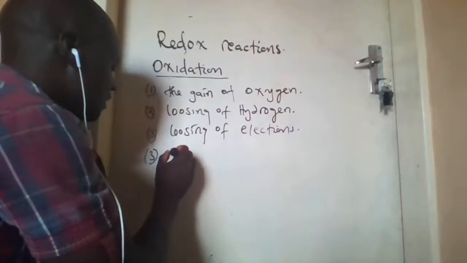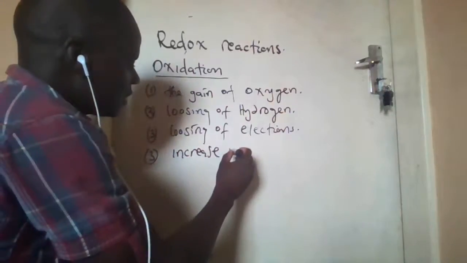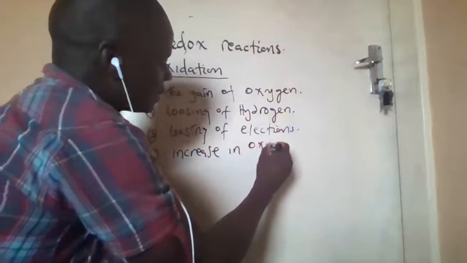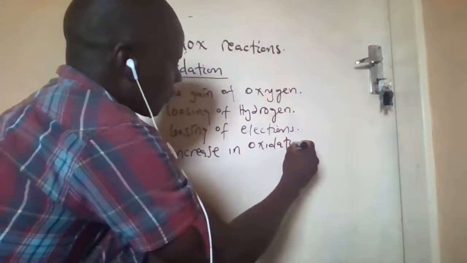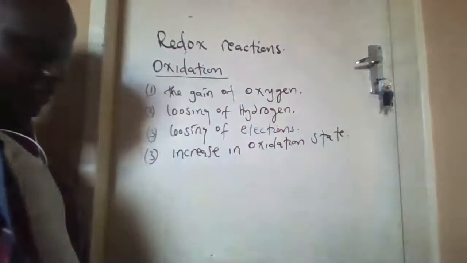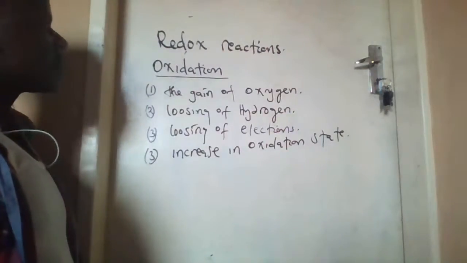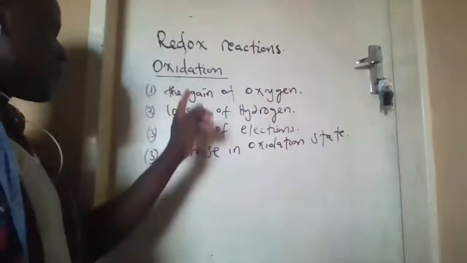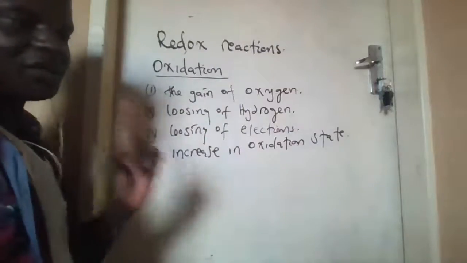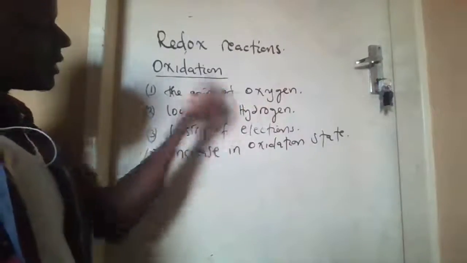The fourth one is the increase in oxidation state. So those are four ways in which the process called oxidation can be defined. One, the gain of oxygen: any chemical species which gains oxygen is undergoing oxidation.